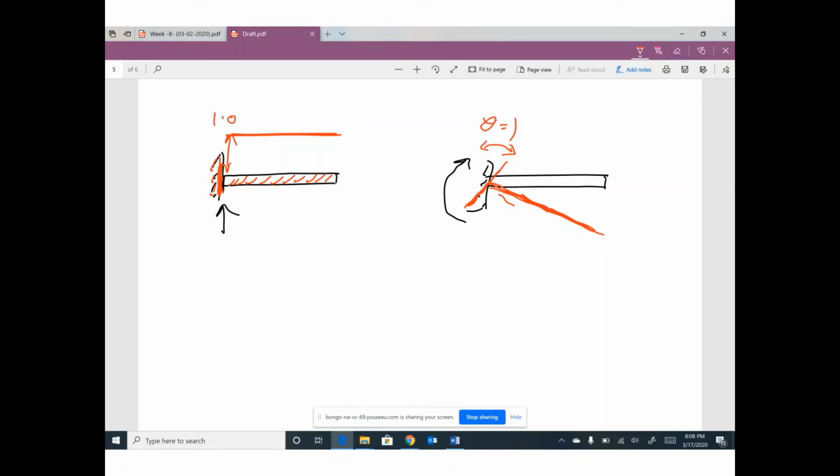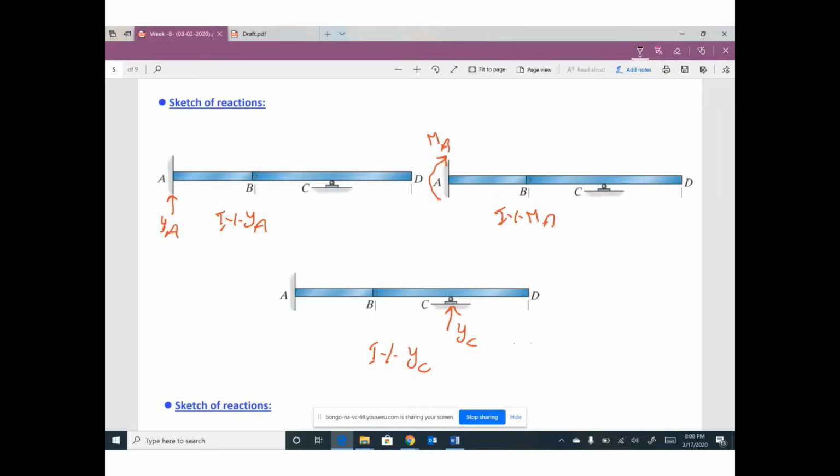So we have this part only is supported by this fixed. And we have another part is one unit. And in between, we have here something called pin connection.